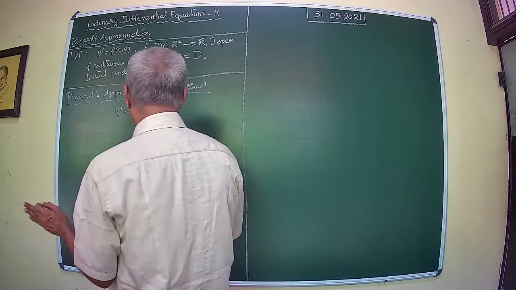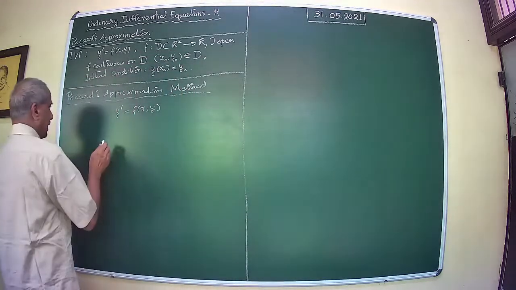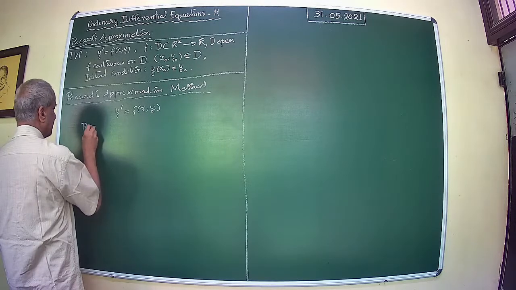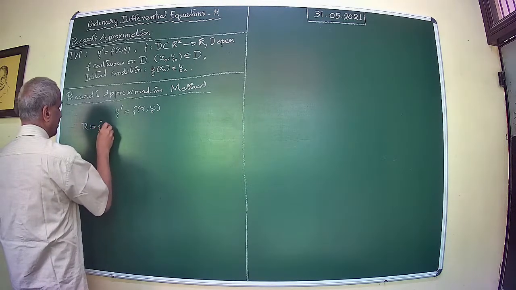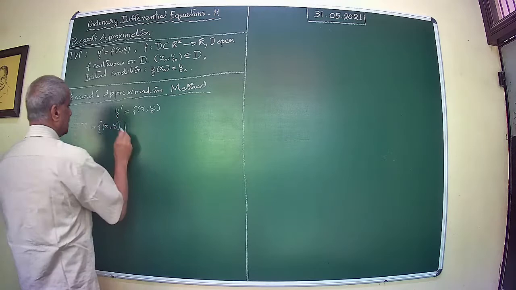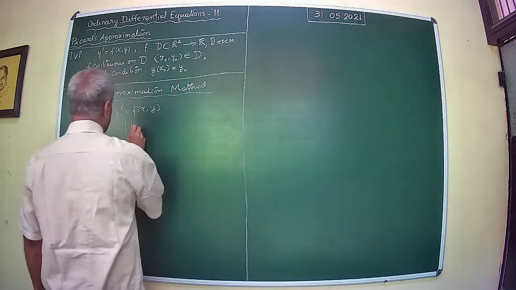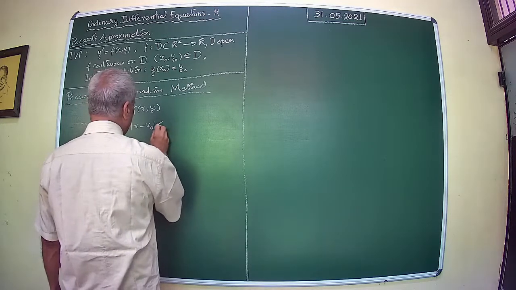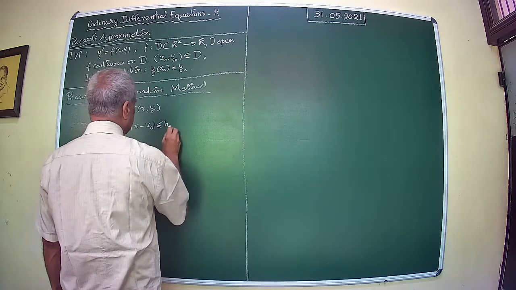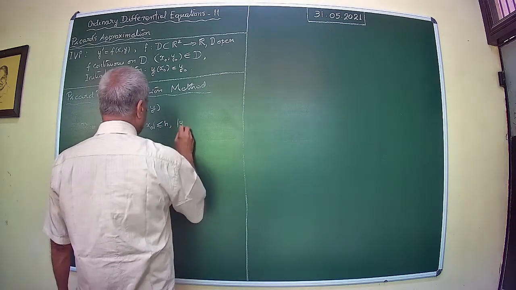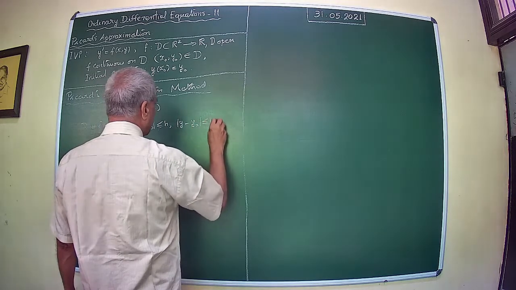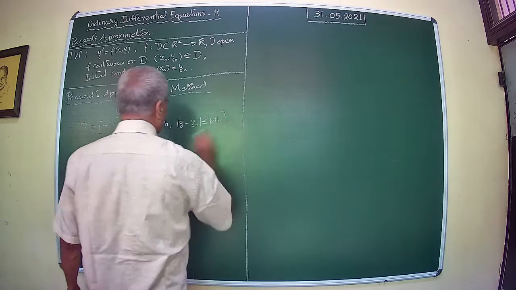So what we did was we constructed the rectangle R, defined as the set of all x, y such that mod x minus x naught is less than or equal to h and mod y minus y naught is less than or equal to m h.